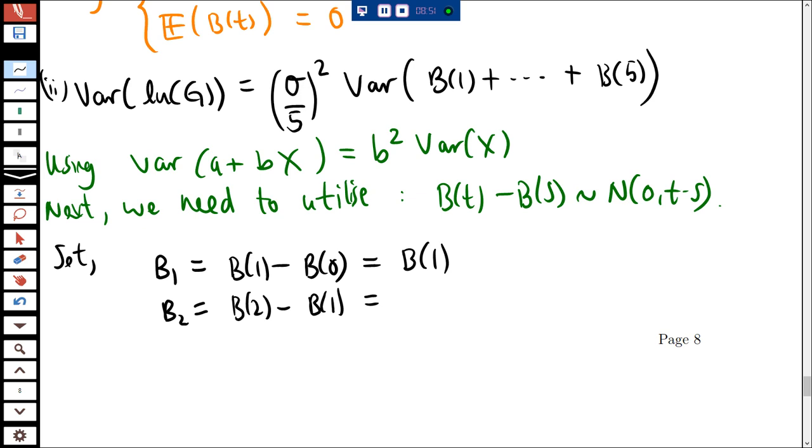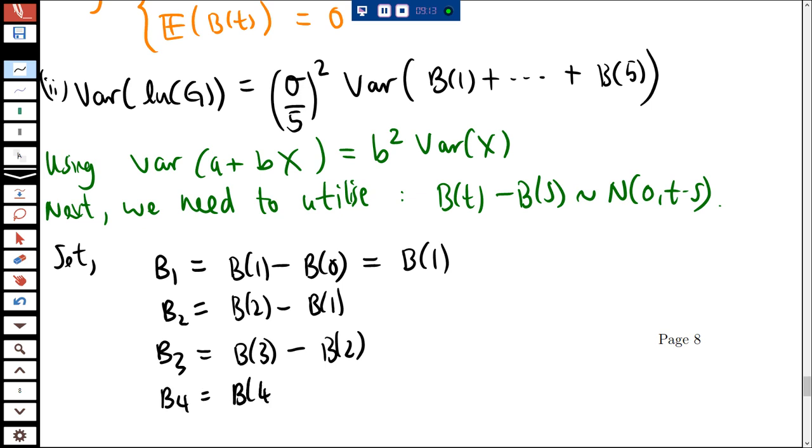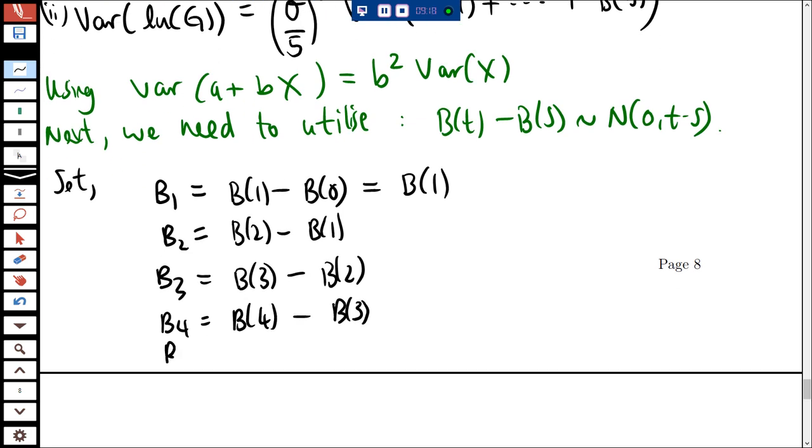Again, we do know the variance of the increment b3 take away b2, so I'm going to call that b3, and so on for everything that we have. Okay, that's everything we have.